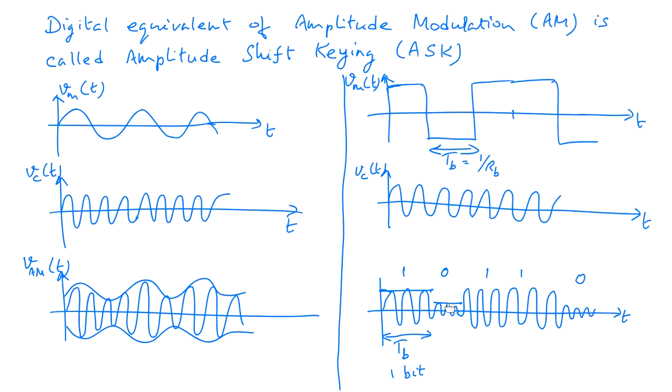But a variation of this can be done whereby for the binary 0, the amplitude level of the carrier signal can be made completely 0 itself. So that means when the bit is 0, the amplitude of the carrier signal is 0 volt. That means there is no carrier at all. That variation of amplitude shift keying is called on-off keying. The reason it is done is because it simplifies the implementation of ASK. So it's called on-off keying.